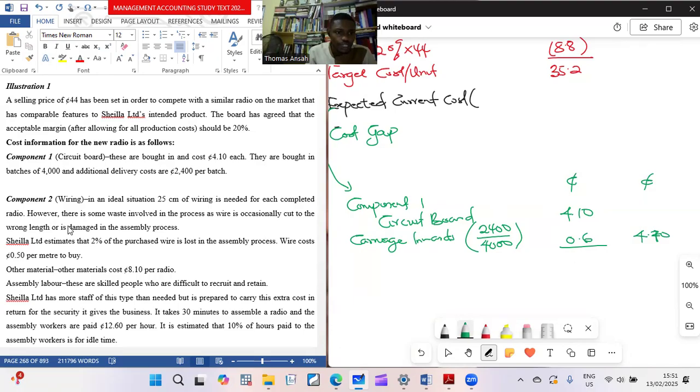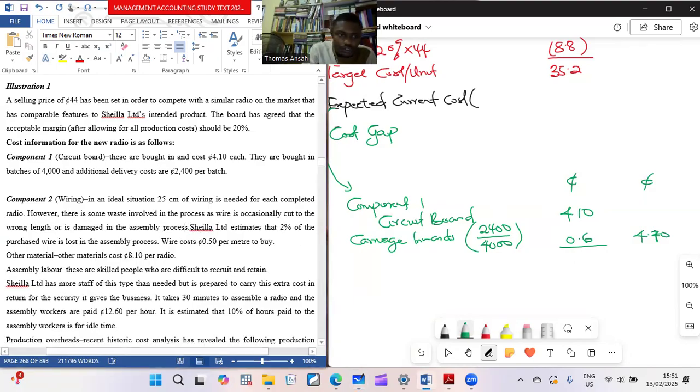Again, not only that, they said there is another component. So let's adjust these things well. He says that wiring, in an ideal situation, 2.25 centimeters of wiring is needed for each completed radio. However, there is some waste.